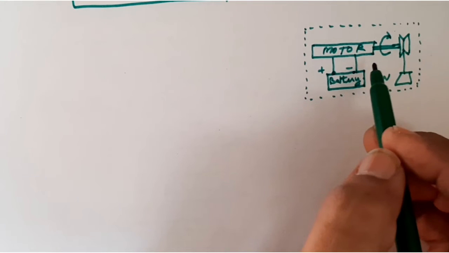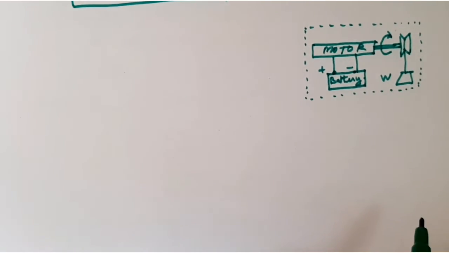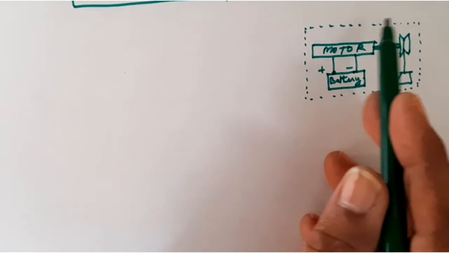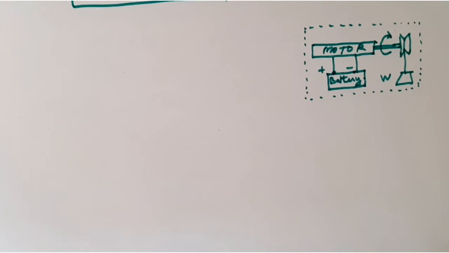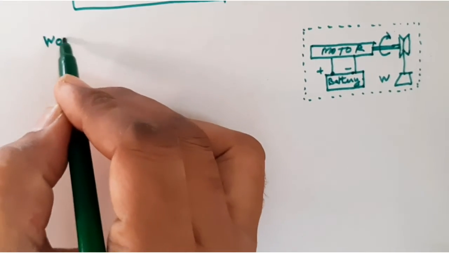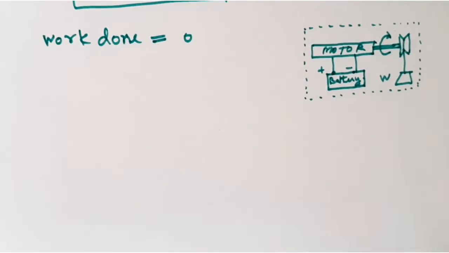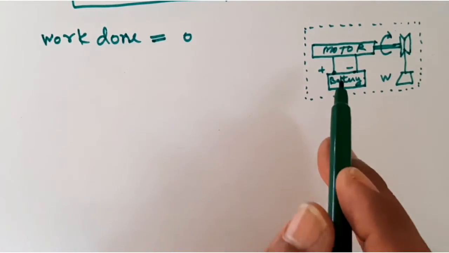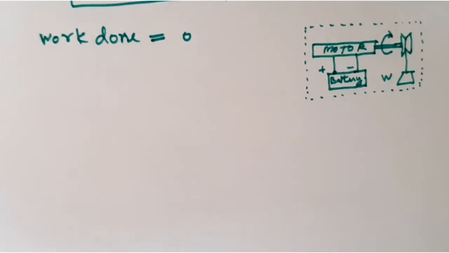Motor is driving this pulley to lift this weight, and both the devices are enclosed in the same control volume. It means it is not crossing the system boundary. Then the work done will be equal to 0, because the work is not crossing the system boundary.